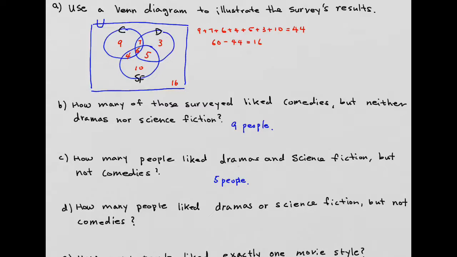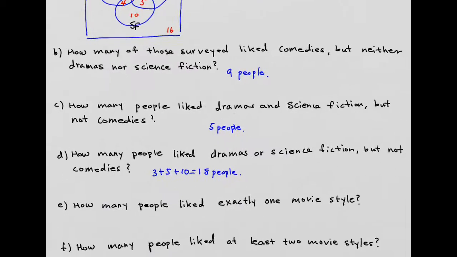D: how many people like drama or science fiction? Or means everything, right? So it'll be drama and science fiction, but not comedy, so you exclude these 3. You're just going to add 3, 5, and 10, which is 18. What about E?